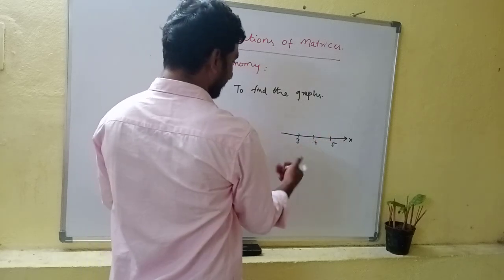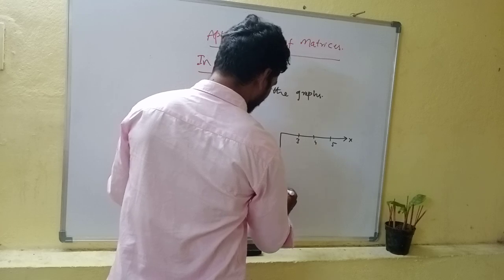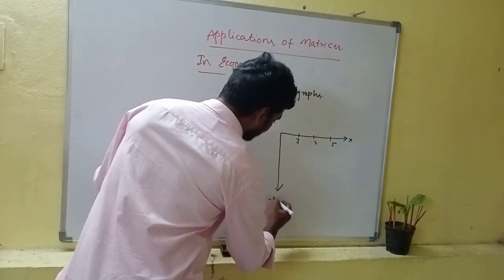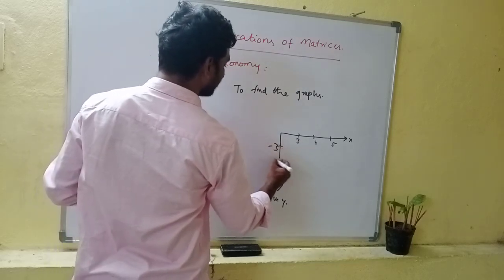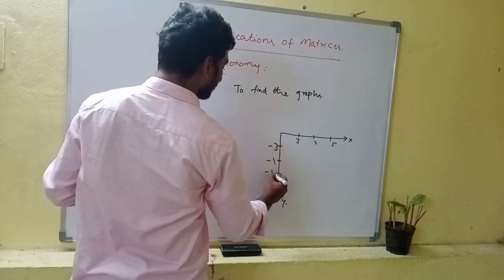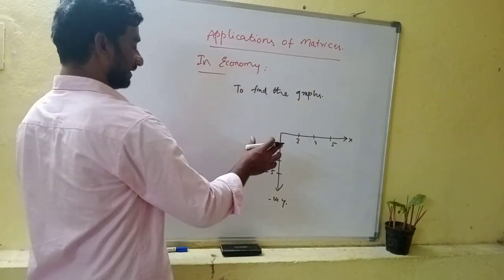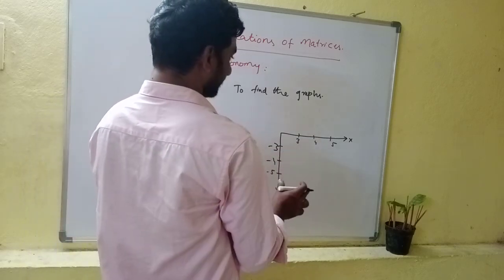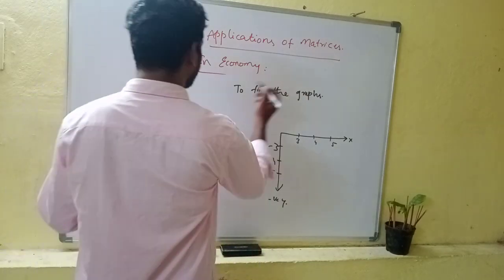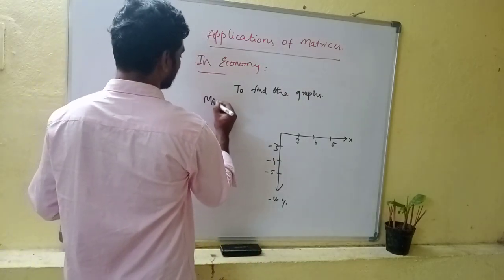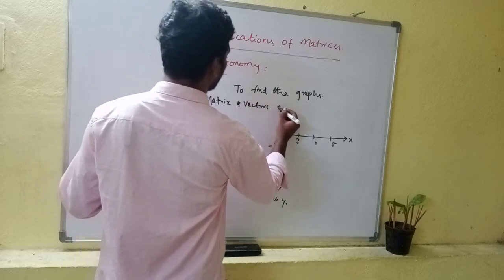If it changes its direction according to the vector, so if in case it comes this way, it will become the negative y direction, right? So this 3 will become minus 3, this 4 will become minus 4, this 5 will become minus 5. So a matrix has this type of property also. It can change direction based on its vector position. So it depends on vectors also. Matrix and vectors are interlinked.